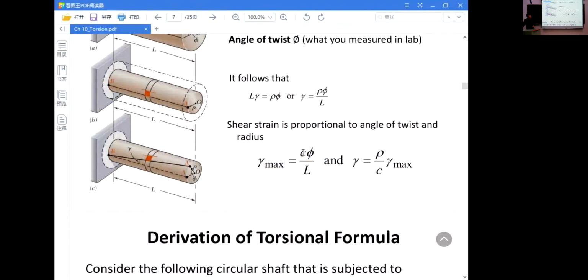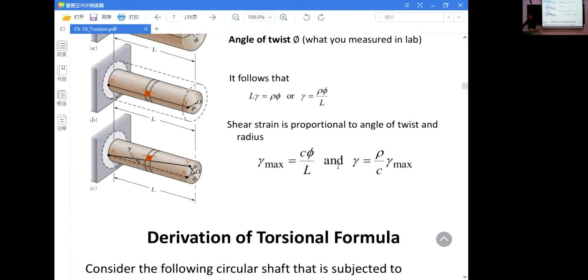C is the radius of the shaft. Phi is the deformation of the shaft. We just get it from experiment. If there is no experiment, you can't get it.